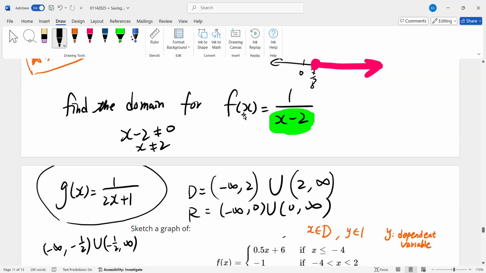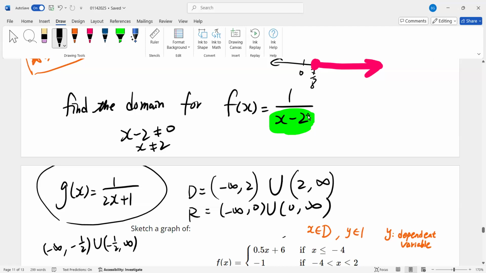Because this function's range, remember, is the value of y. Y cannot be 0, because the numerator is 1. When the numerator is 1, there's nothing we can do to make the expression 0, right?